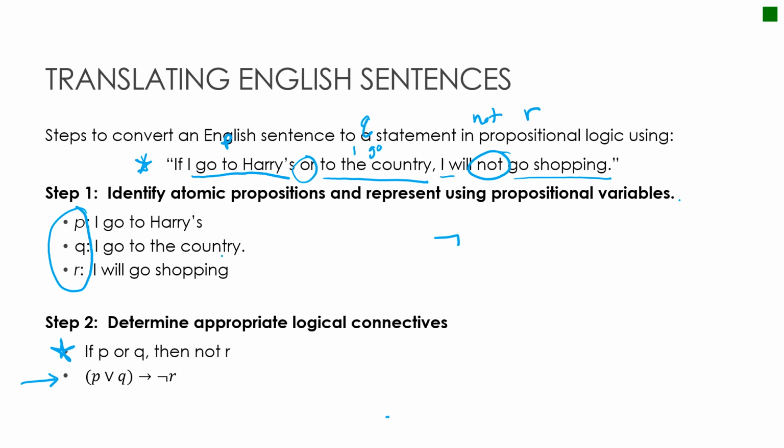From there, it's not that difficult to translate it into a propositional statement with our logical connectives. This would be P or Q, and then the if-then, so it's if P or Q, then, and that's where we put in the not R.